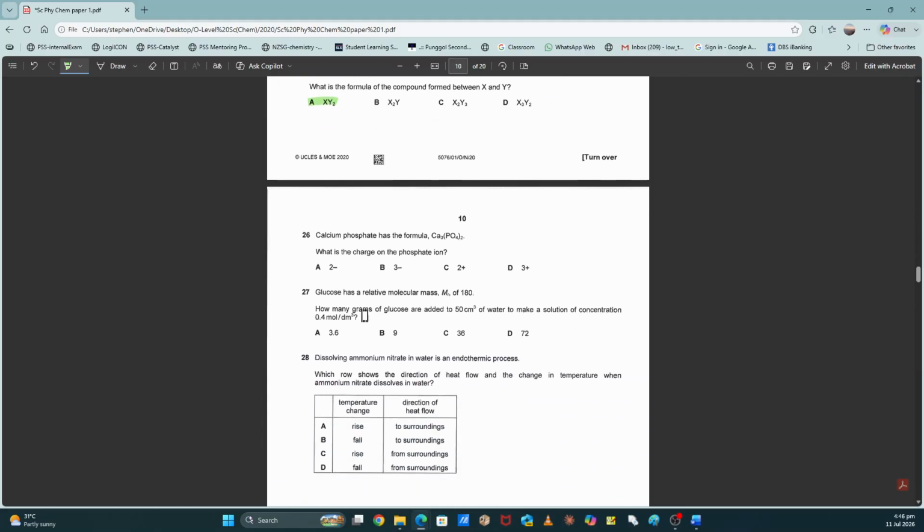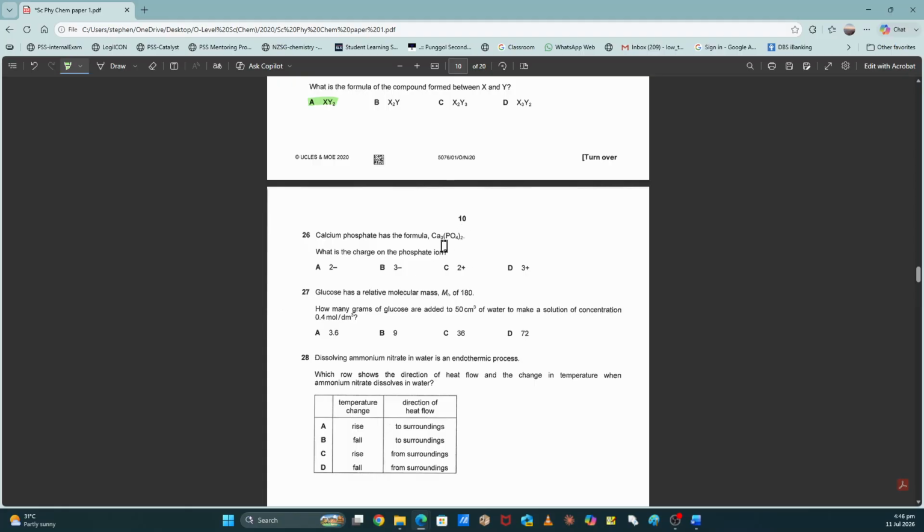Next question. Calcium phosphate has a formula. In this case, it is definitely an ionic compound. I see metal, non-metal. And can you see a 3 here and a 2 here? So if we do the crossing charge method, where did the 2 come from? Calcium, right? And from here, the 3 must come from phosphate.